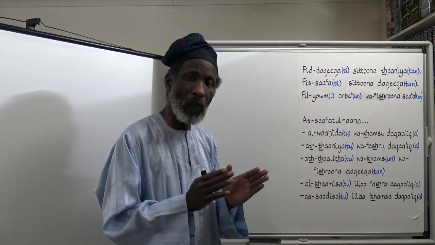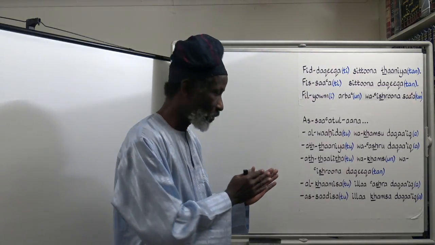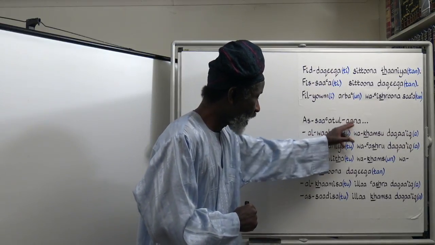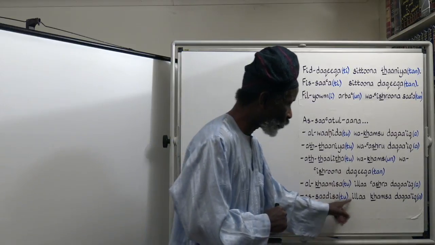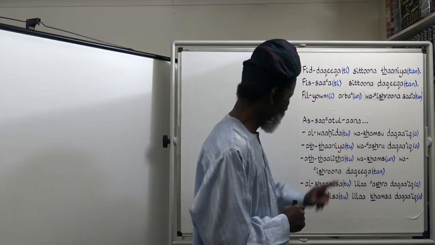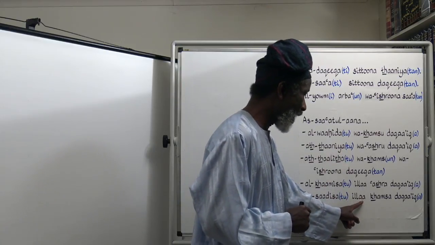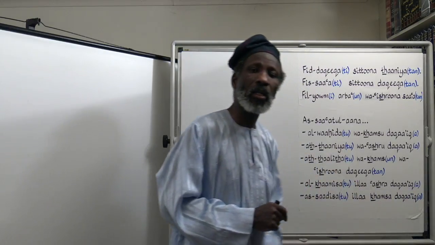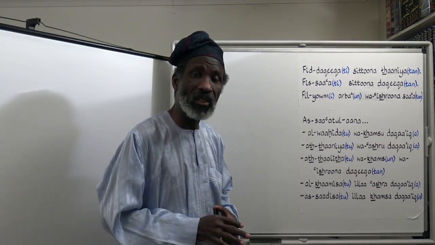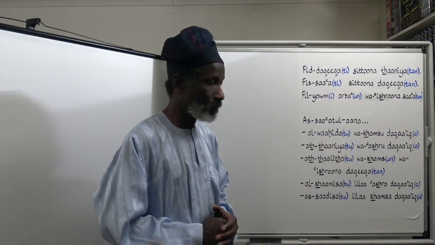Is 10 minutes to 5 o'clock. الساعة الآن السادسة. Sadisa is 6. So الساعة الآن السادسة إلا 5 دقائق. The time now is 5 minutes to 6.